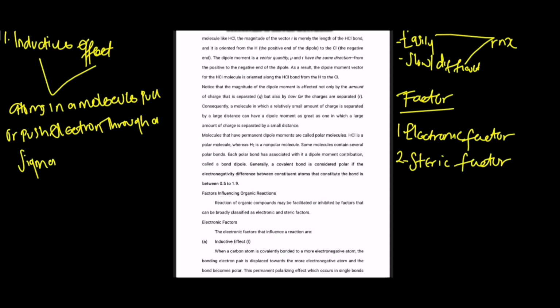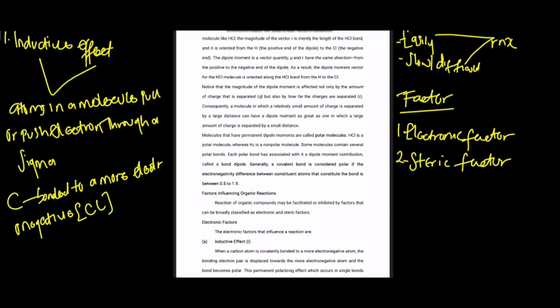When carbon is bonded to a more electronegative atom, let me use an example to explain, like chlorine, that atom attracts electrons towards itself. Are we together?